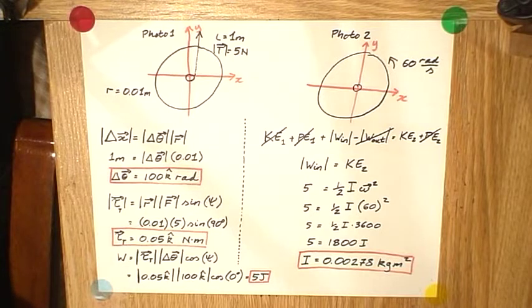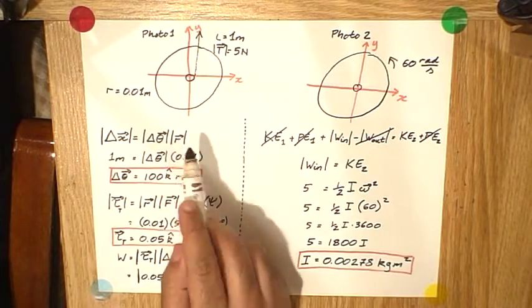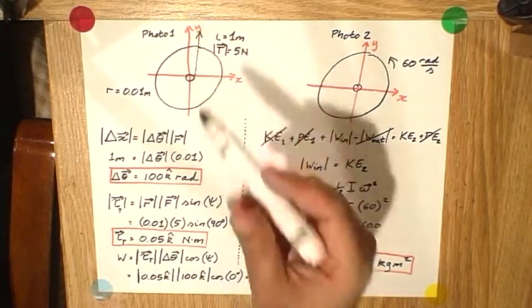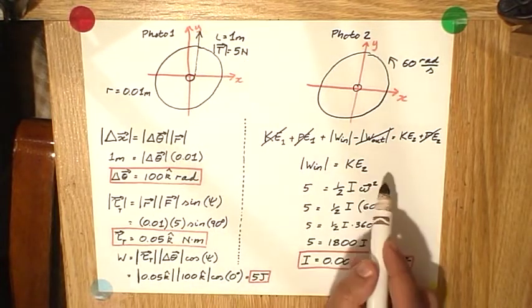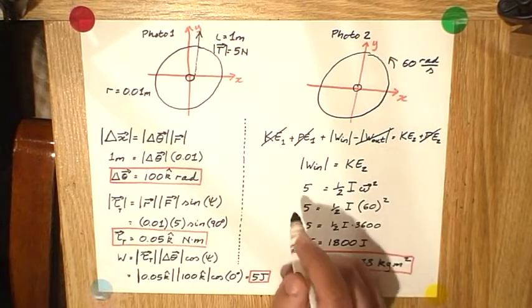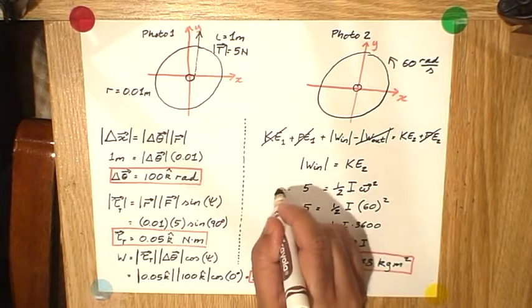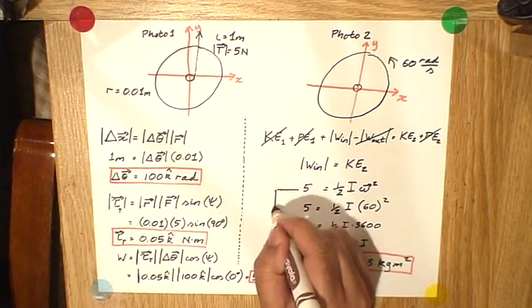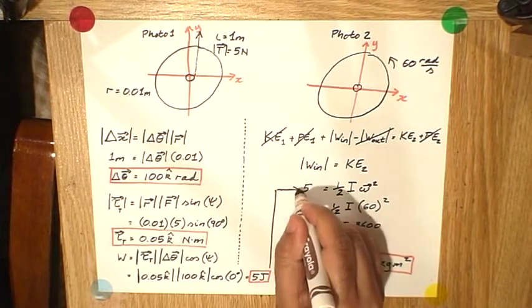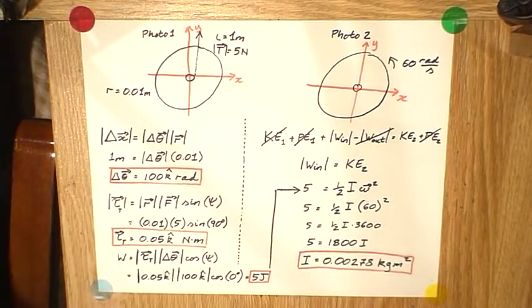And despite that, we were able to figure out the moment of inertia because we found out how much work was done when a force was applied to it, and that work can be related to moment of inertia times velocity squared. So this here is the approach for solving for the moment of inertia using energy considerations.